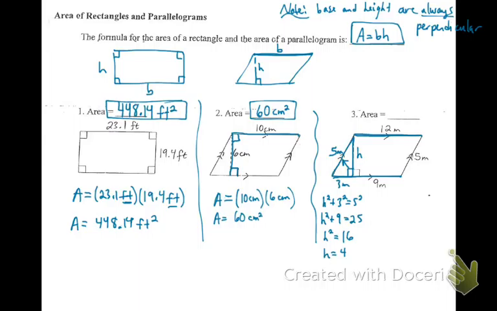Technically plus or minus 4, but we're dealing with length, so we're just dealing with 4. So the height is 4 meters. Now I have the base, which is 12, and the height, which is 4. So now I can find the area of that parallelogram. So it's going to be 12 meters, which is the base, times 4 meters, which is the height. That gives me 48 meters squared.